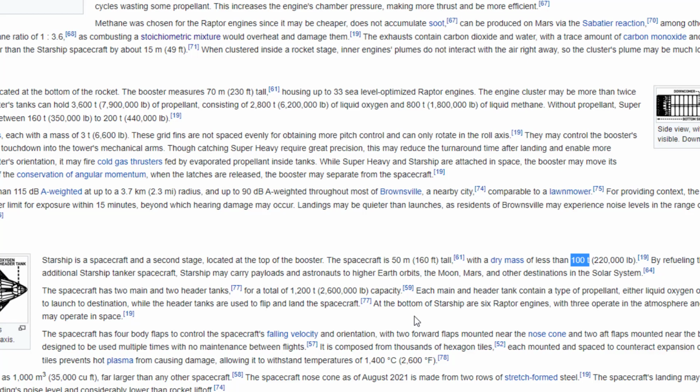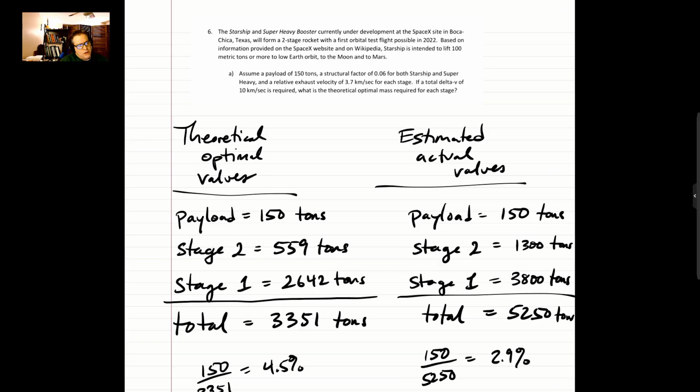Okay, so here are my theoretical optimal values compared with these estimated actual values that I can find looking these up on Wikipedia, and it wasn't quite as close as it was with the Falcon 9, and there's a lot of things that could play a role in the discrepancy here.